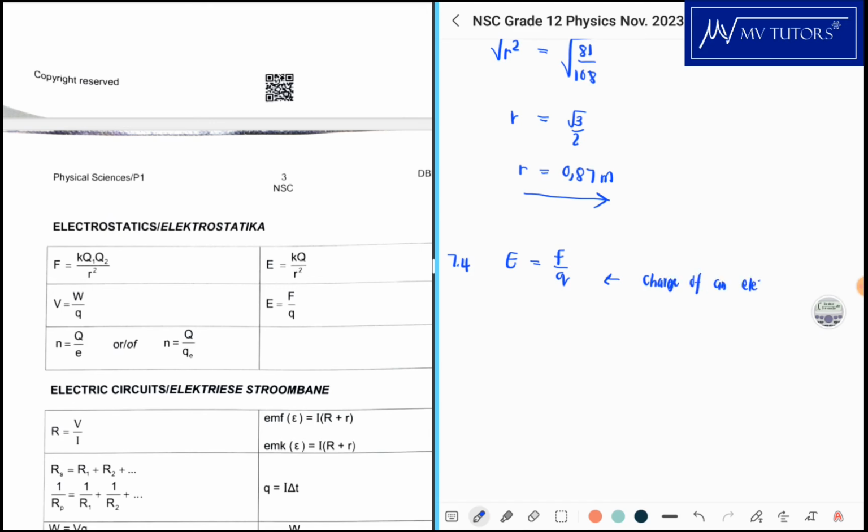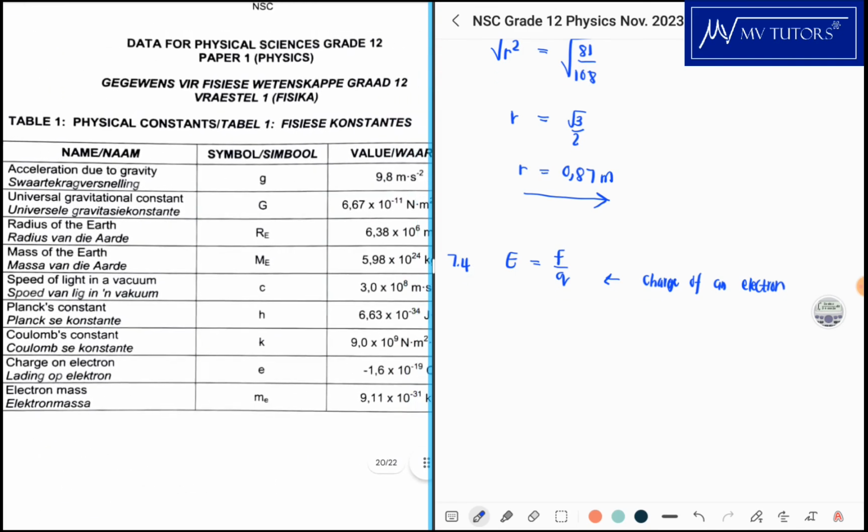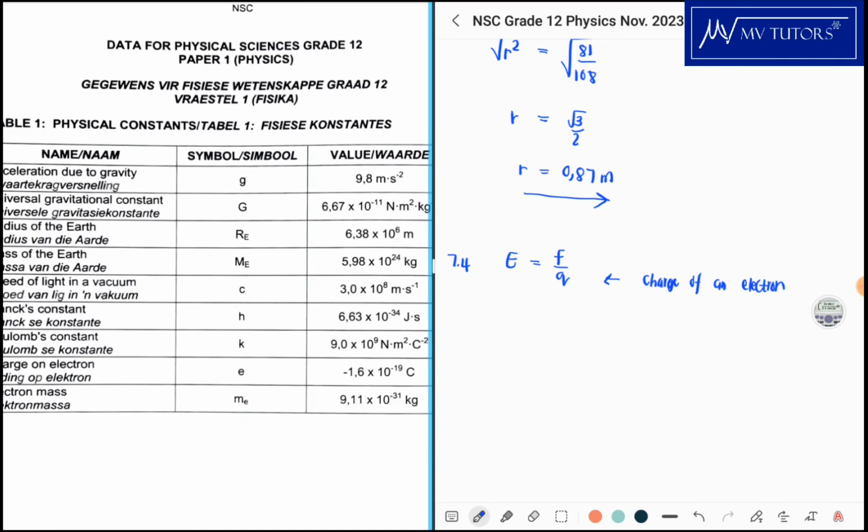I hope you remember, but even if you forgot, the charge of an electron is here in your formula sheet. The charge on an electron is negative 1,6 times 10 to the negative 19, but we're not going to put the negative portion on it. So just 1,6 times 10 to the power negative 19. And then we have the force over there.